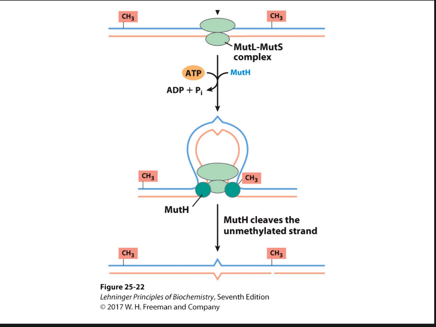After the formation of this complex, MutH cleaves that unmethylated strand. And so we see here the daughter strand is cleaved. And the next thing that has to happen is that this nucleic acid sequence containing the incorrect base pair must be degraded.